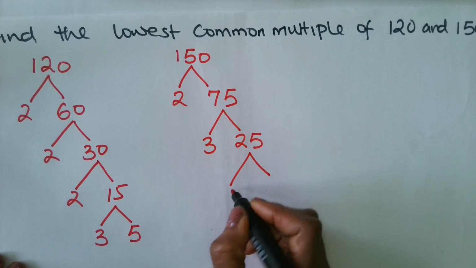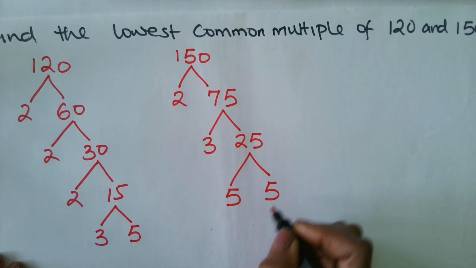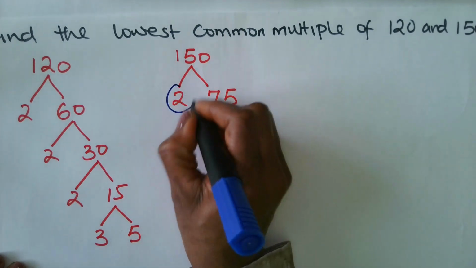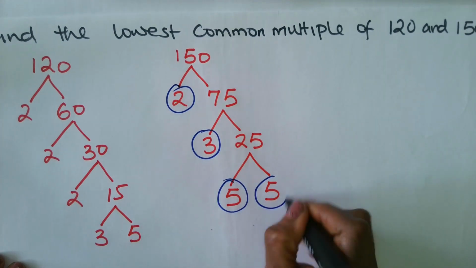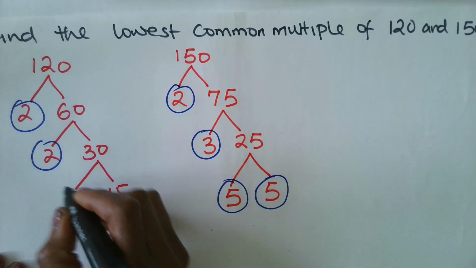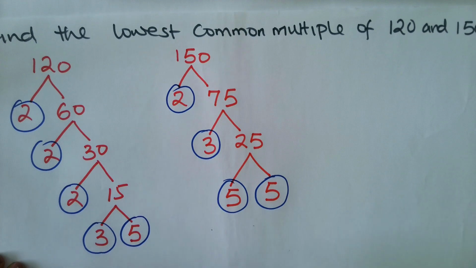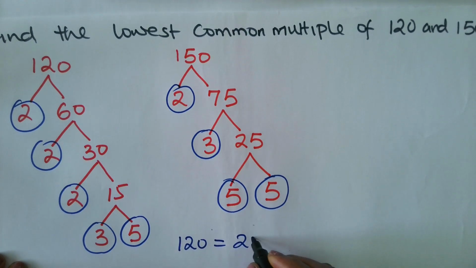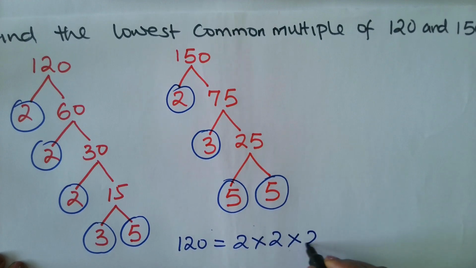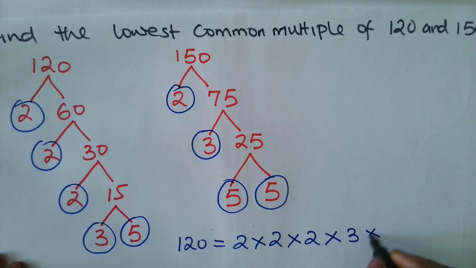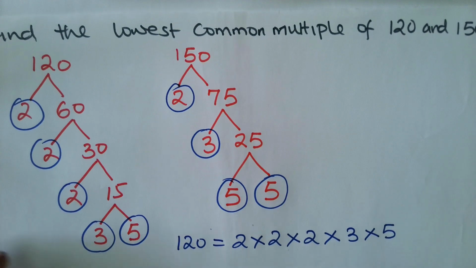Now we can now use 5 and 5. So we're going to circle. We'll put them together. 120 is 2 times 2 times another 2 times 3 times 5 will give us 120.